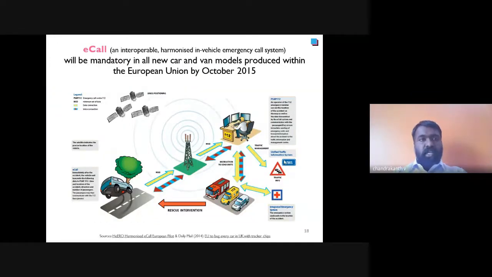This is a simple architecture for a harmonized in-vehicle emergency call system, where the vehicles will be installed with a device which will communicate with the nearest rescue intervention facilities over the internet. This concept was implemented in the European Union in 2015.